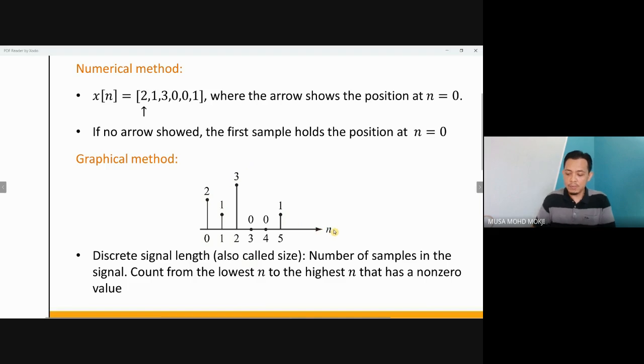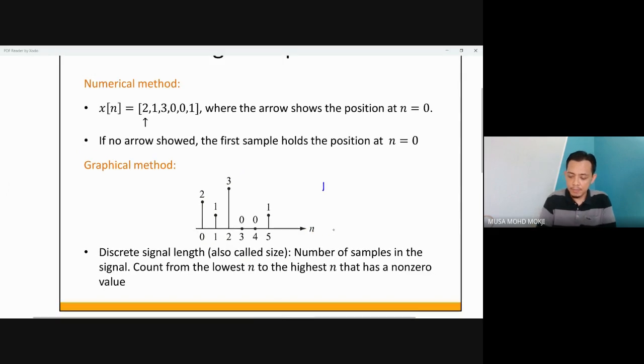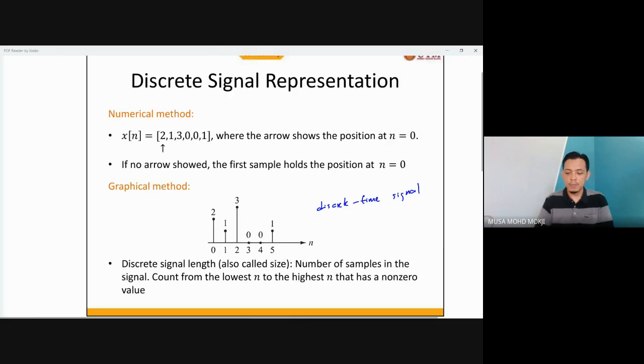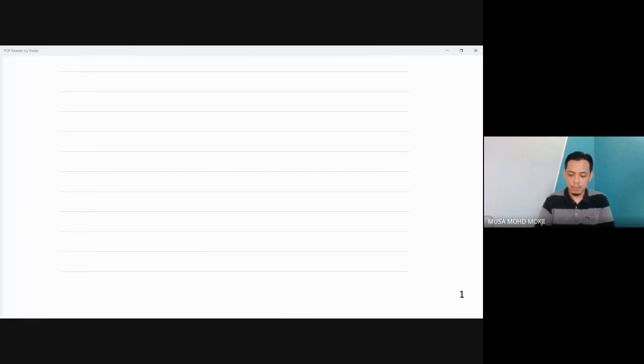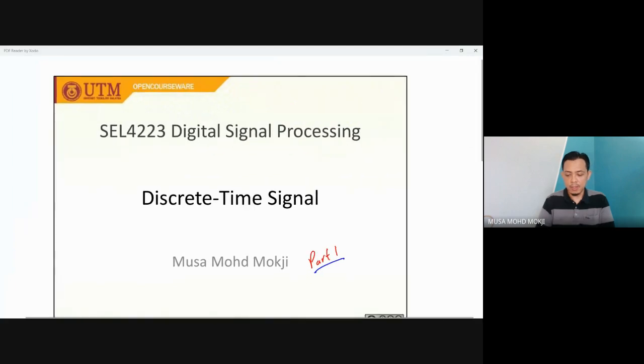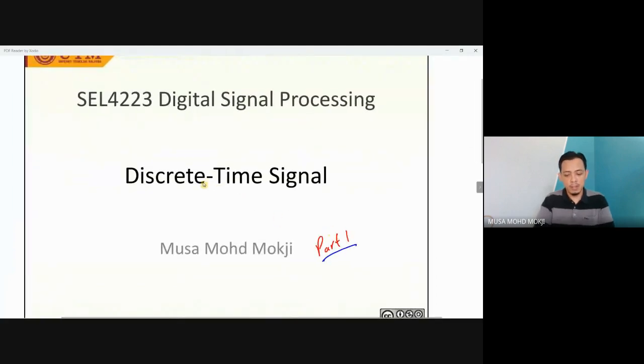So why do we call it discrete time? See, if we go back to our title, we are very specific. We call it discrete time signal. We don't call it discrete signal. Okay.